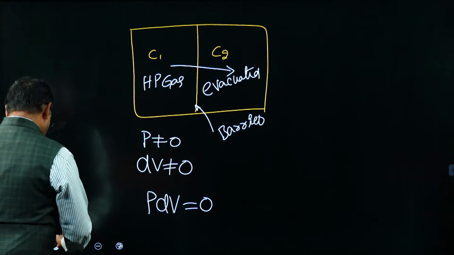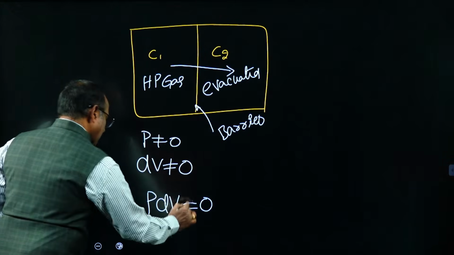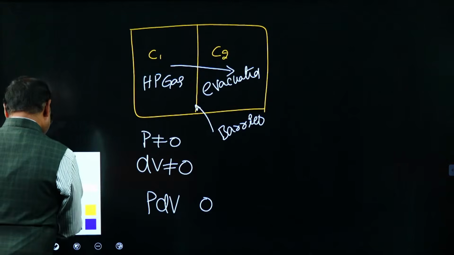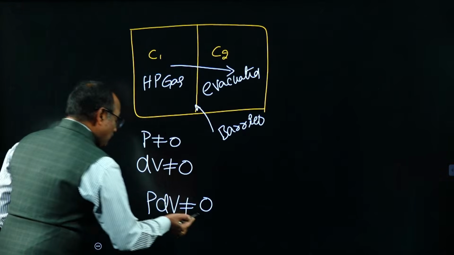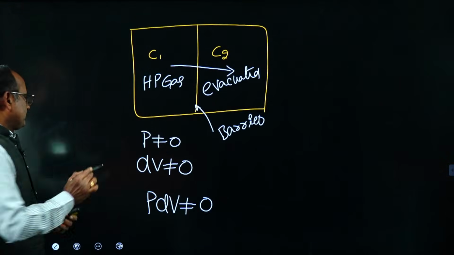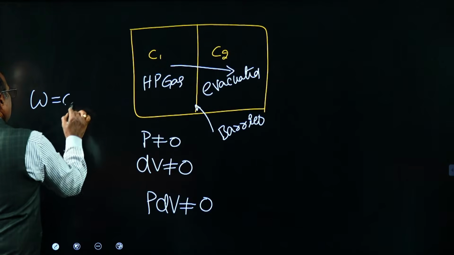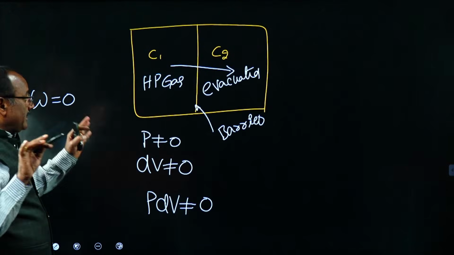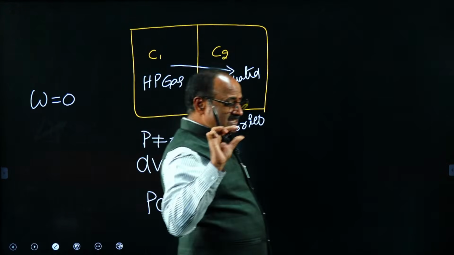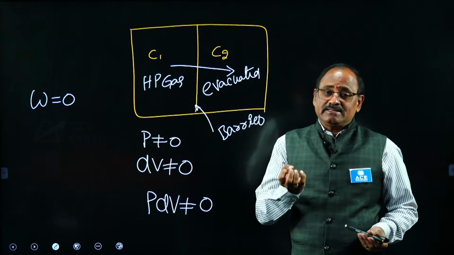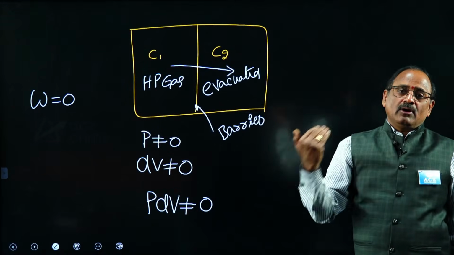PdV is not equal to 0. Though PdV is not equal to 0, the thermodynamic work is 0, because thermodynamic work is the kind of energy which causes lifting the load or carrying the load.